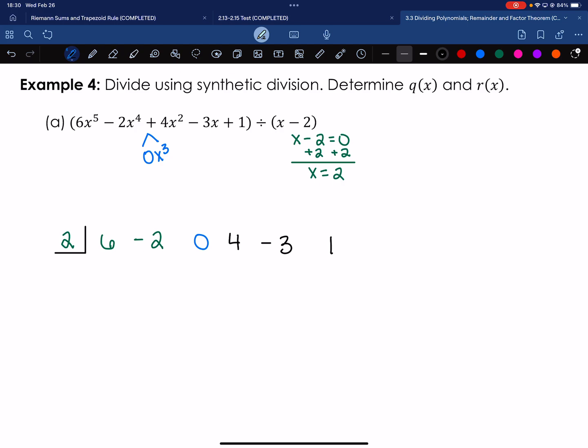So again, all of those came from in front of your X's with the sign in front of it included. All of those numbers. And we put them in order, as their exponents are descending. From here, you're going to leave some space and you're going to draw a line.